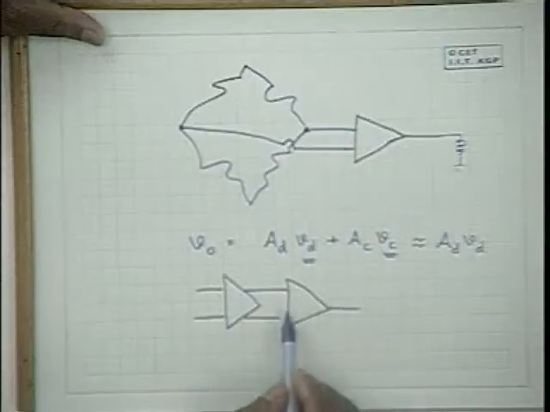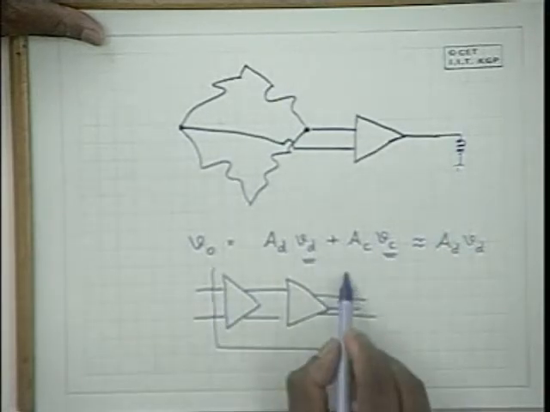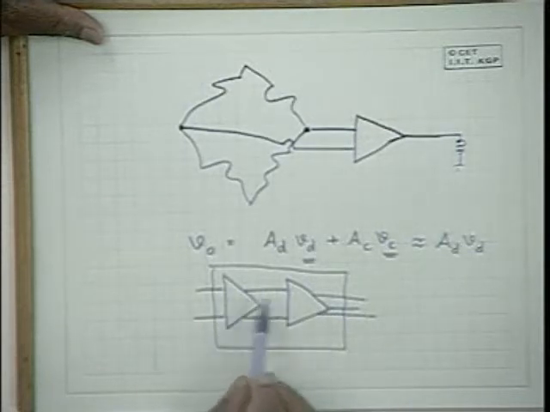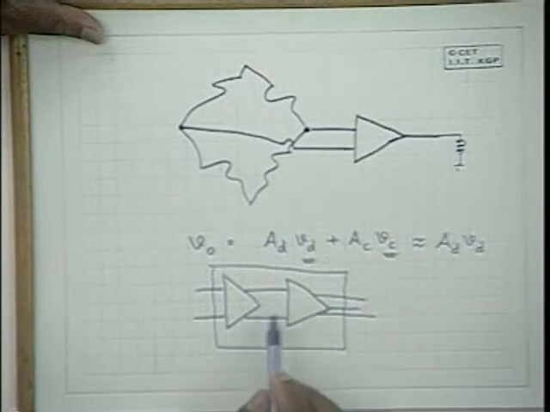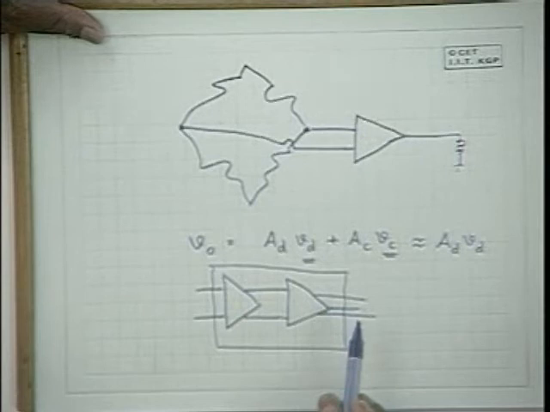The question is, when you cascade several such stages and make an overall difference amplifier, if you treat this as a single difference amplifier, naturally, if the loading is negligible, the overall common mode gain is going to be equal to AC1 into AC2, the product of the gains of these two amplifiers.